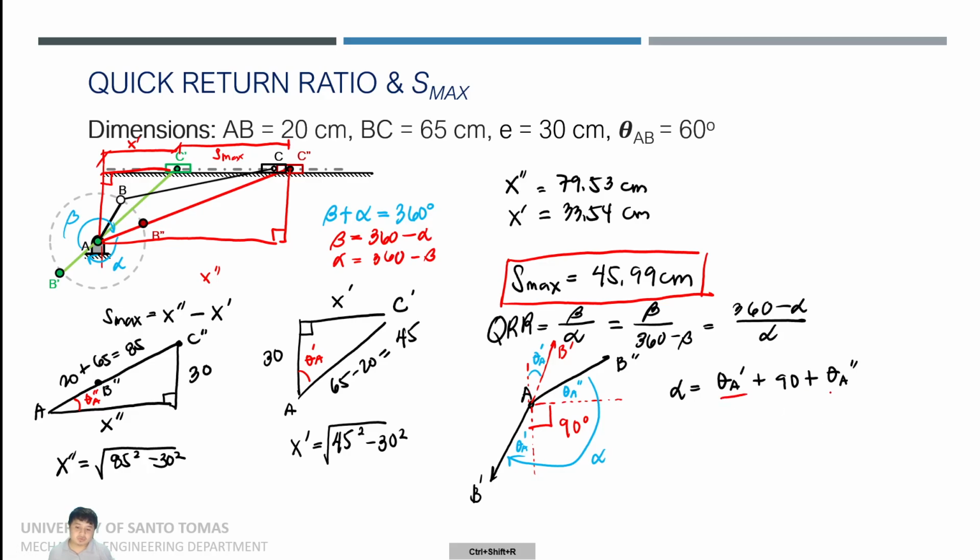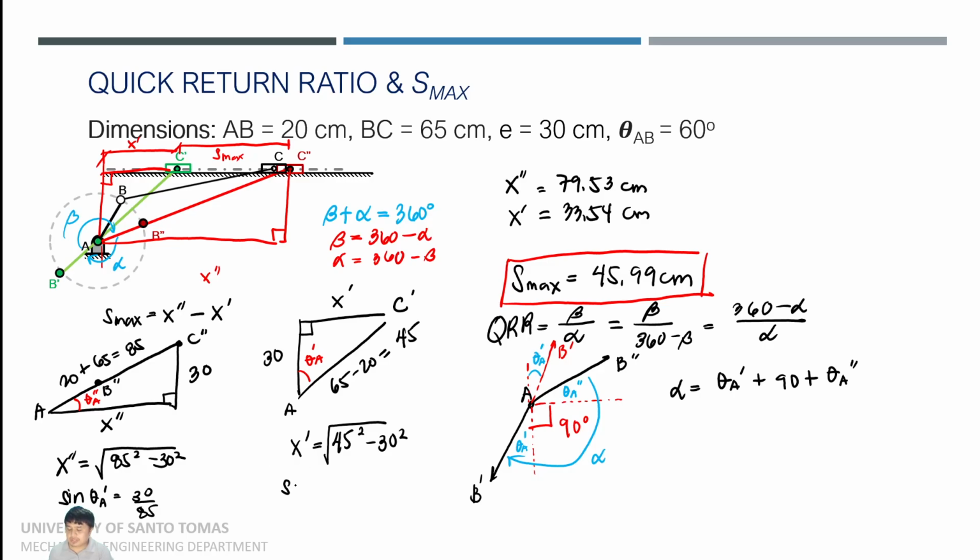You can solve for this too using the trigonometric functions again. In this case, we can use the sine function. Sine theta A prime is equal to 30 over 85.